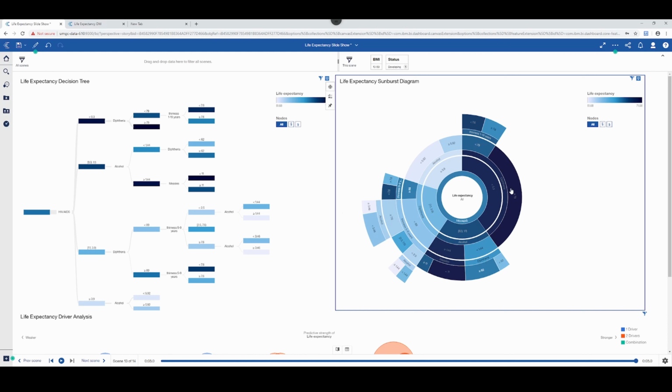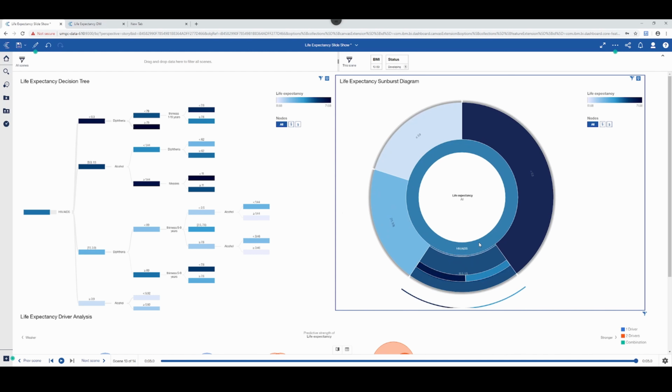And again, on the sunburst diagram, we can see how the data is split up. If we minimize these, we can see there's pretty even split in the first factor, which is HIV and AIDS.